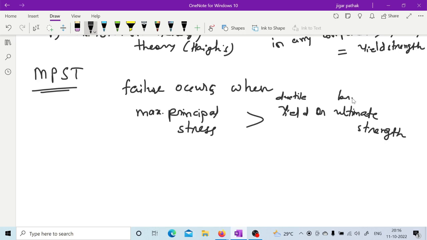In case of brittle, it is ultimate strength. So basically, whenever you have any machine component under operation, failure is going to occur when the maximum principal stress generated during the working of that component crosses the yield strength or ultimate strength of that material. Is it clear?